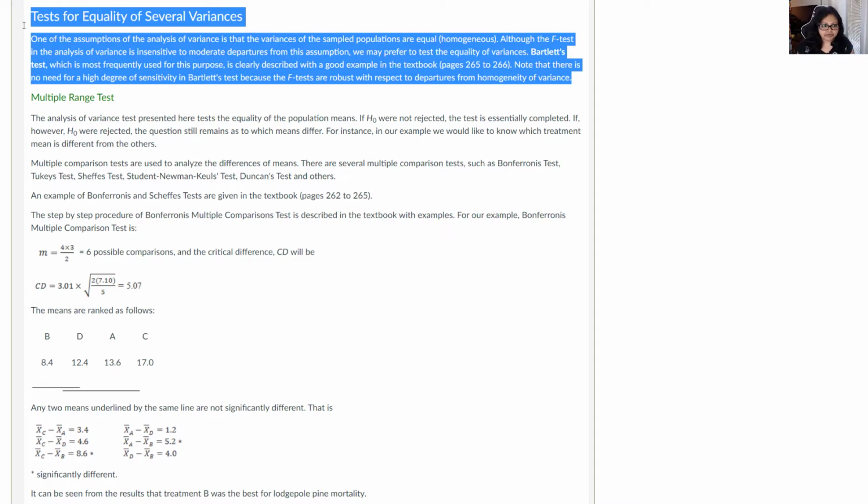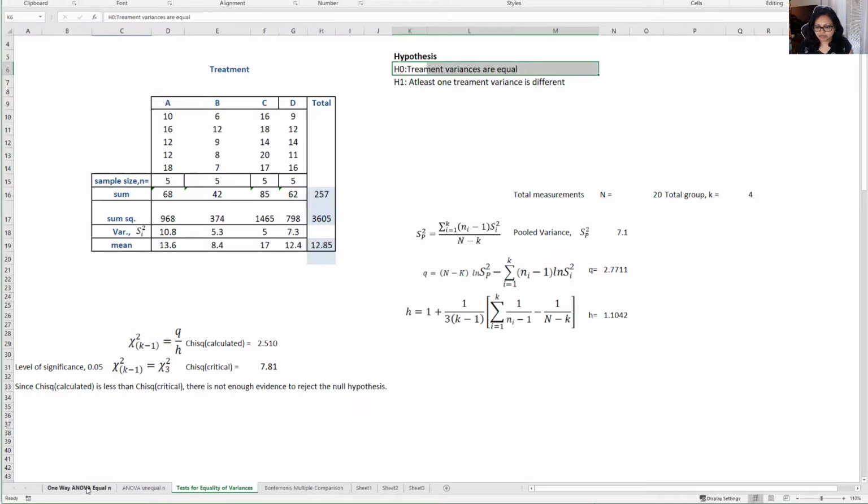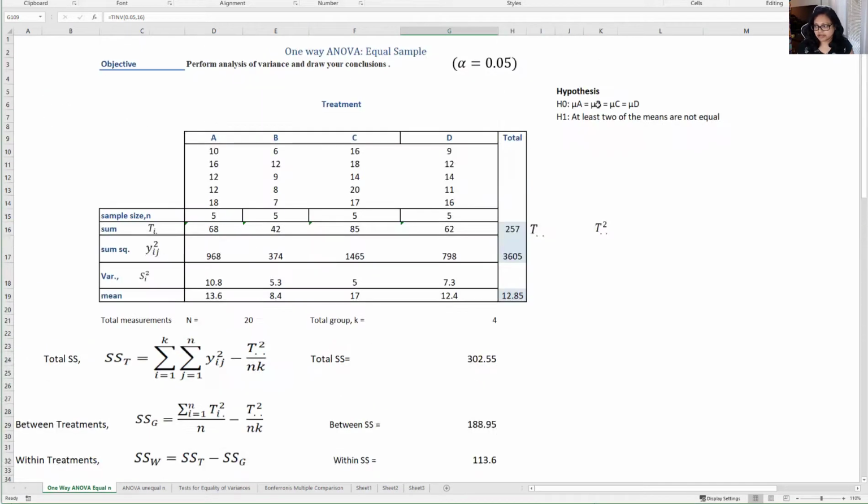Then I would like to show you how you can perform a multiple range test. So let's say we found in our ANOVA that the means are not all equal. That means one pair is different. While performing the one-way test that I showed you in the previous video, maybe at least one of the means is not equal.